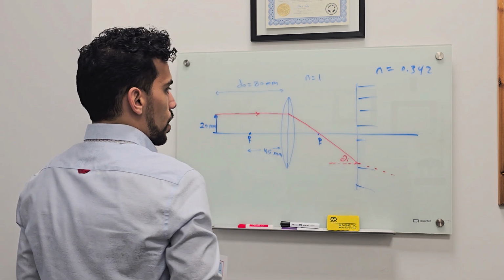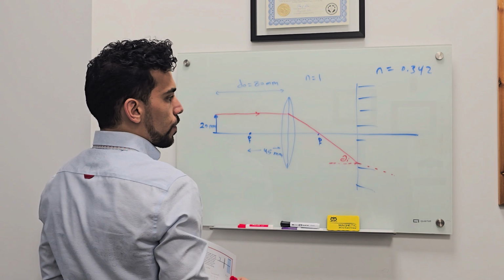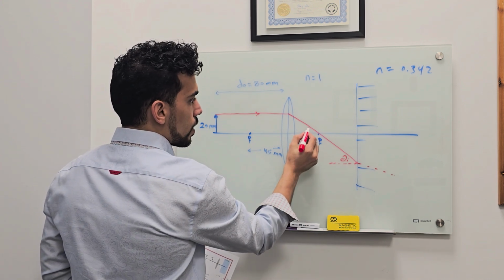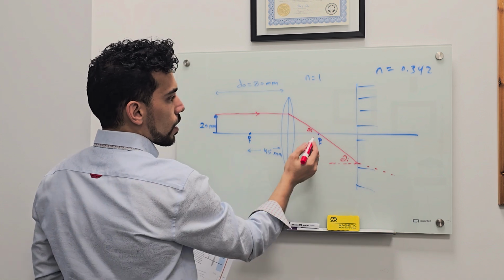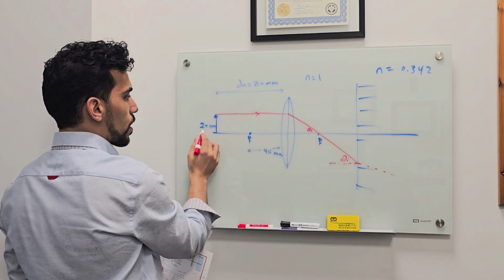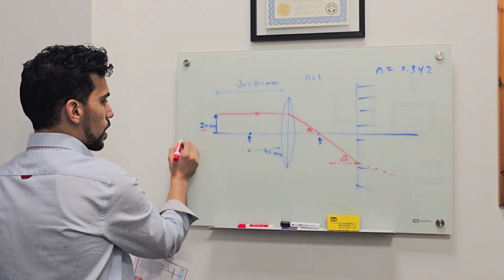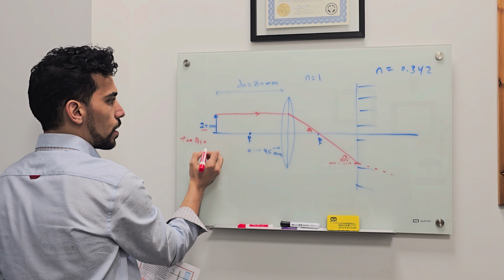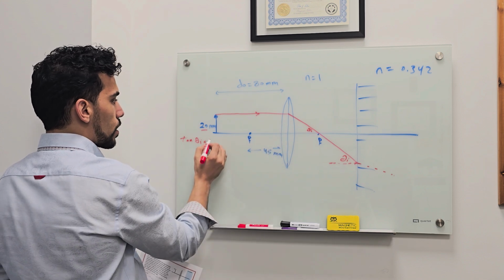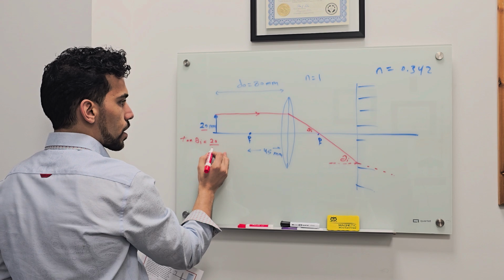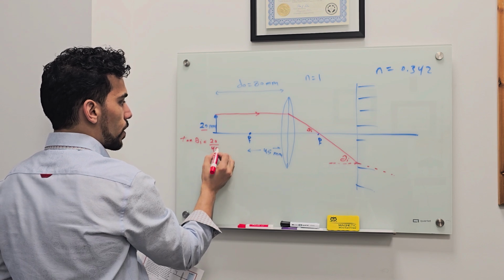Okay, so to get the incident angle itself, we know that this angle is equal to this angle. We have here 45 millimeters and this is 20 millimeters from the height of the object. So that means tan theta incident is equal to the height, which is 20 millimeters, over this part, which is 45 millimeters.